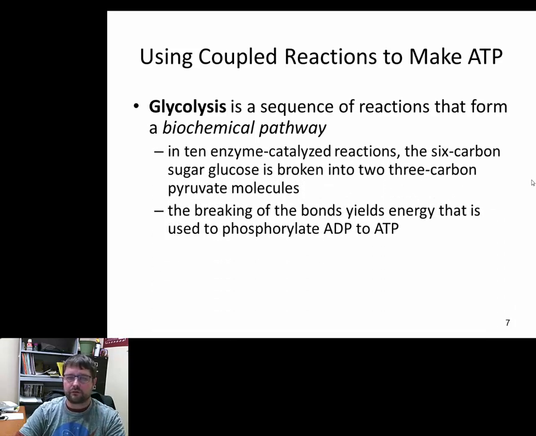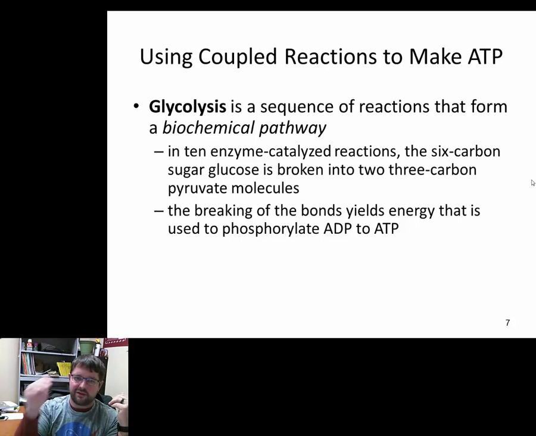Okay? And how this works is there are 10 enzymes in solution in the cytoplasm, in a pathway, linear per se, that are going to take the glucose molecule. The first one takes the glucose molecule, and then utilizing some energy, some ATP, it's going to break that glucose molecule down.